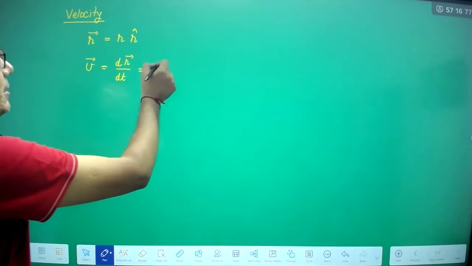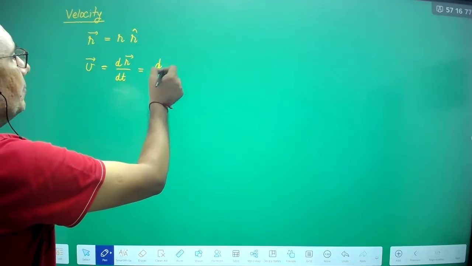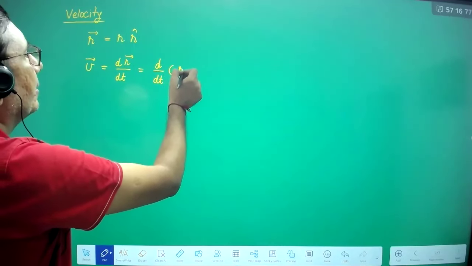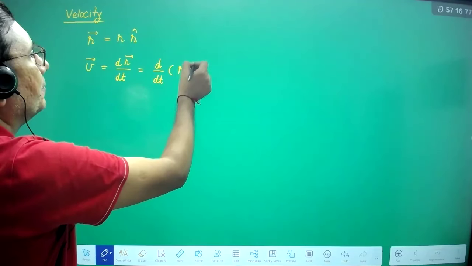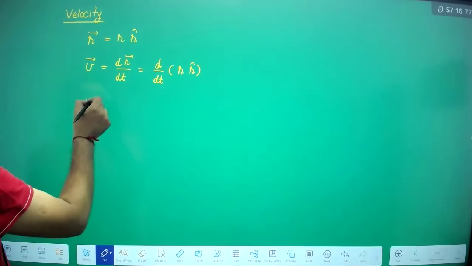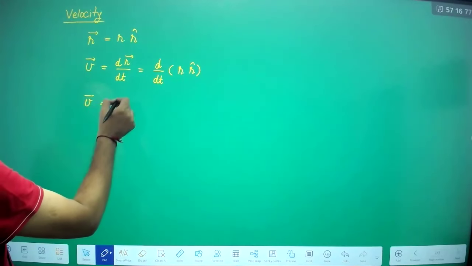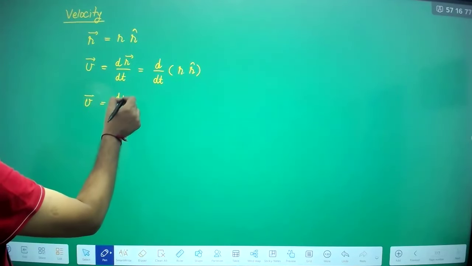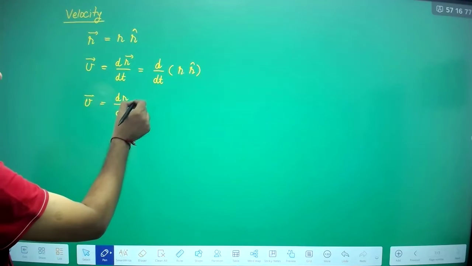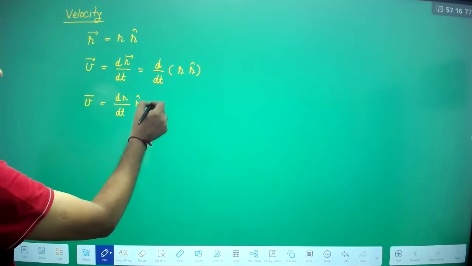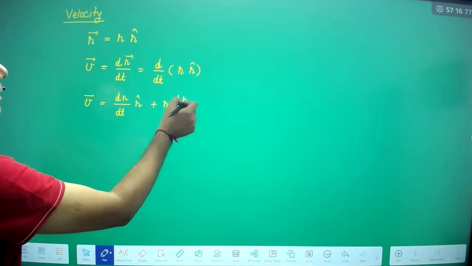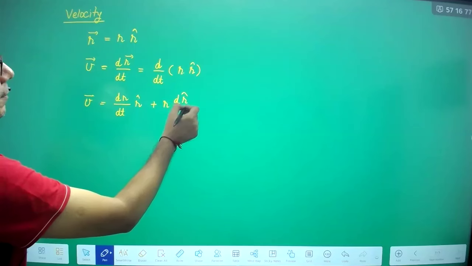This will be d by dt of r times r cap. So v vector will be dr by dt times r cap, plus r as it is, times d r cap by dt.